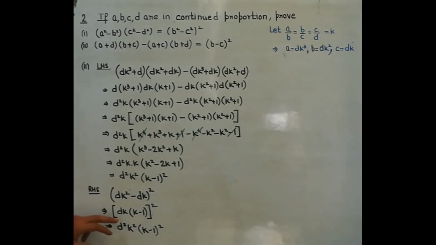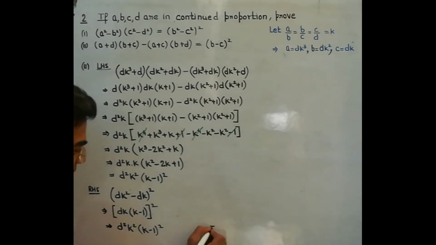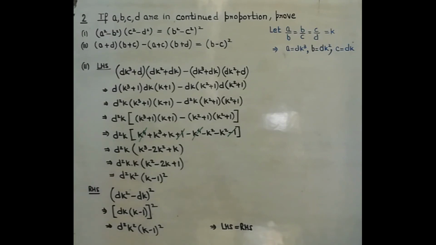Remember, whenever there is a product and you have to take the square of that product, you take individually the square of each factor: square of d, square of k, and square of k minus 1. Now you tally your result with left hand side and right hand side. The result is same. So we can say LHS is equal to RHS, and it is true. You can pause and note it down.